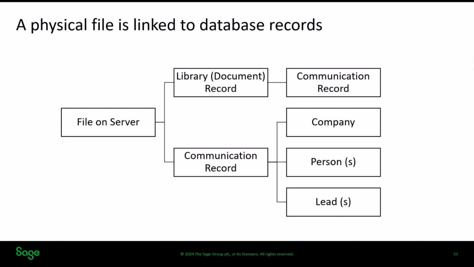So what we've done in our little lesson, we've looked at how Sage CRM allows you to manage the documents through communications and through library records, and that if you want to remove the communication, you can do that. You can remove the library item, but it is the library item that is the proper link to the physical file.